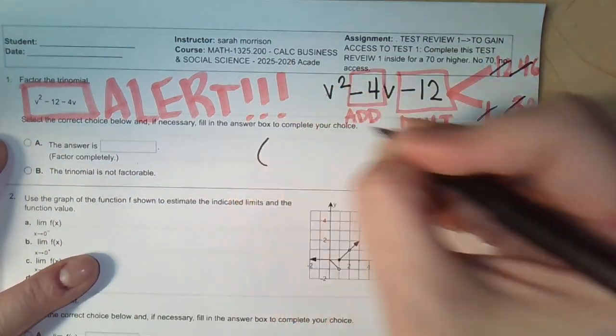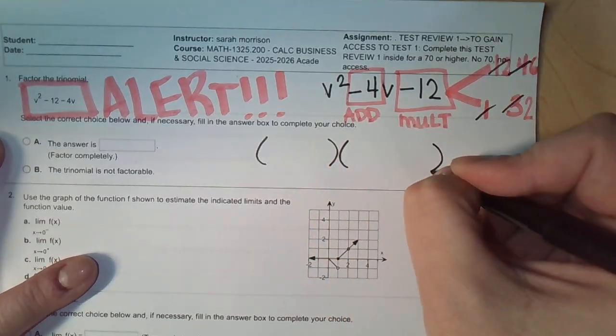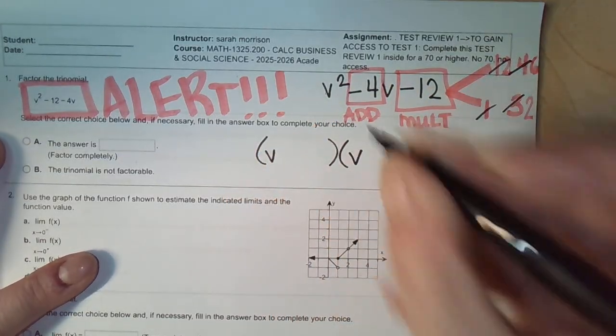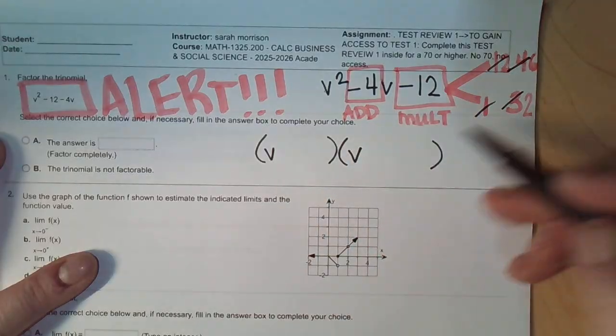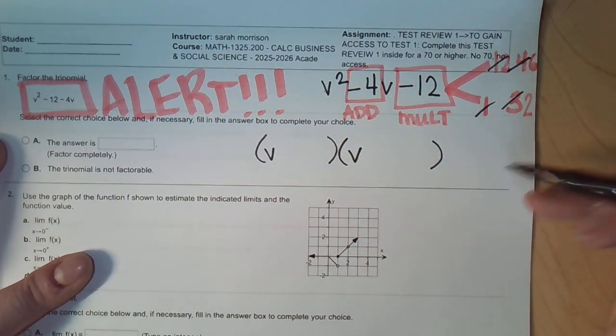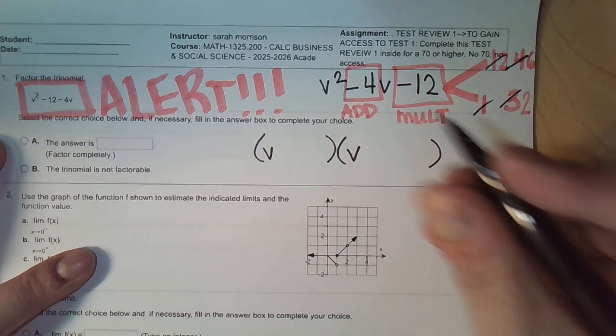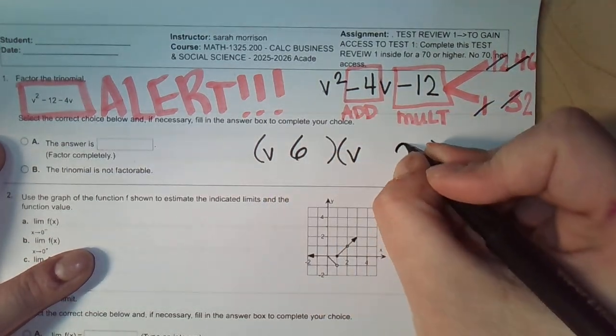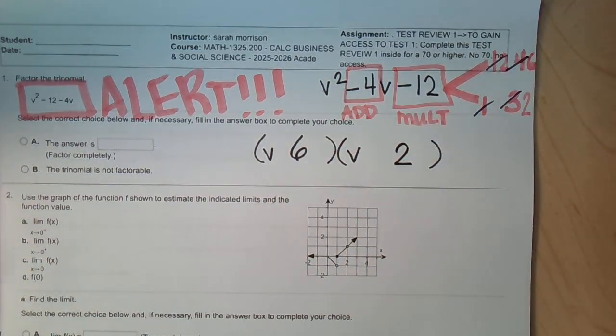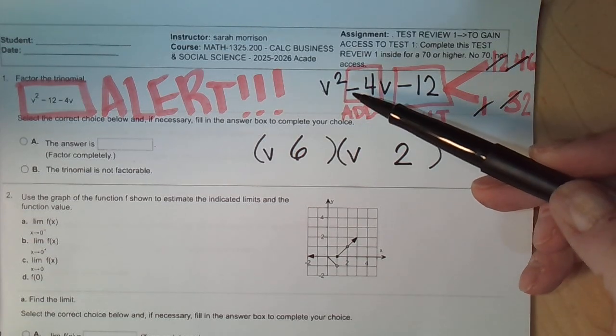We're going to start out with two sets of parentheses, and this is what you would type in: parentheses v, blank, parentheses v, blank. Then we set our two numbers, 6 and 2, but we want to be able to add or subtract to get -4.